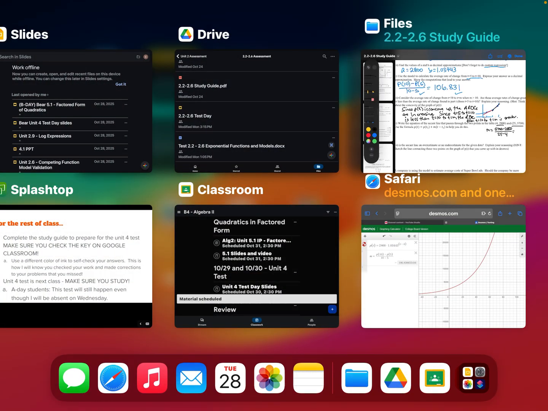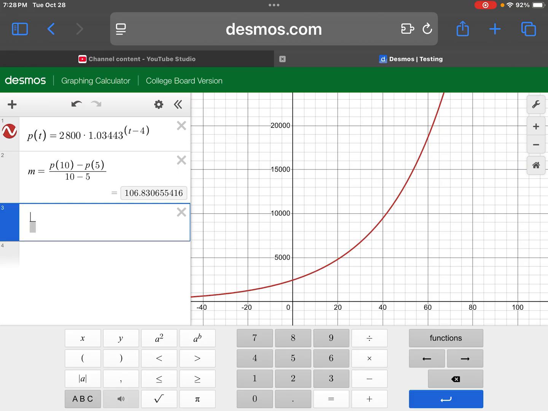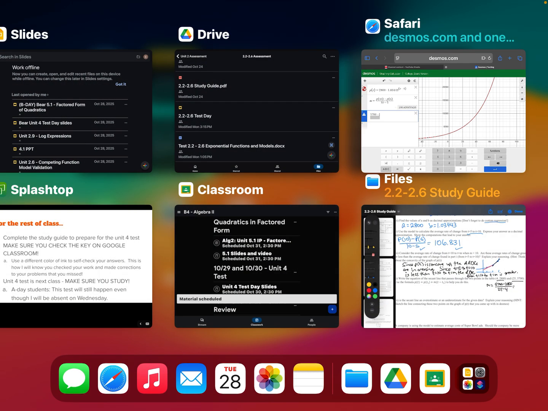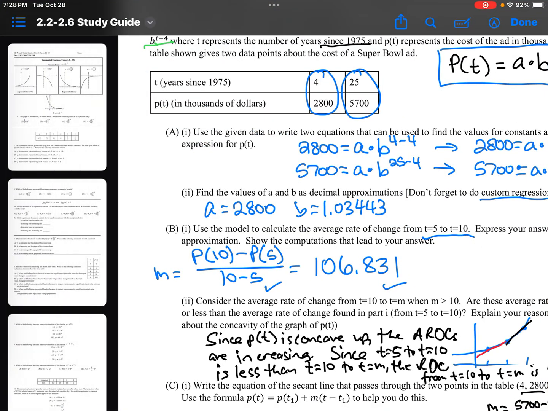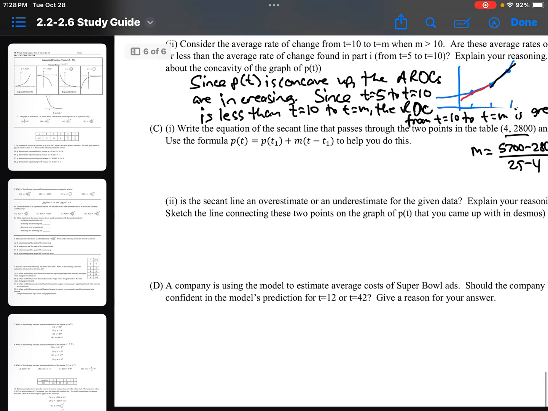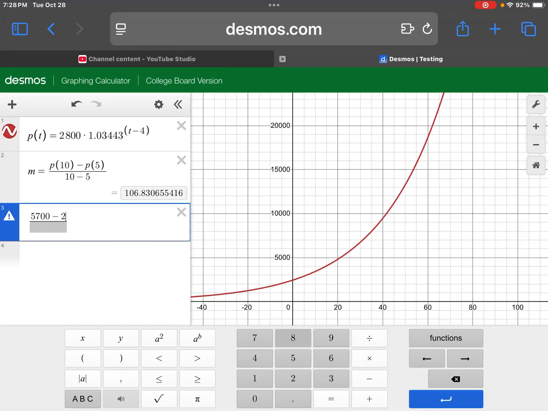I'll just use a basic calculator for this. 5,700 minus 2,800 over 25 minus 4.